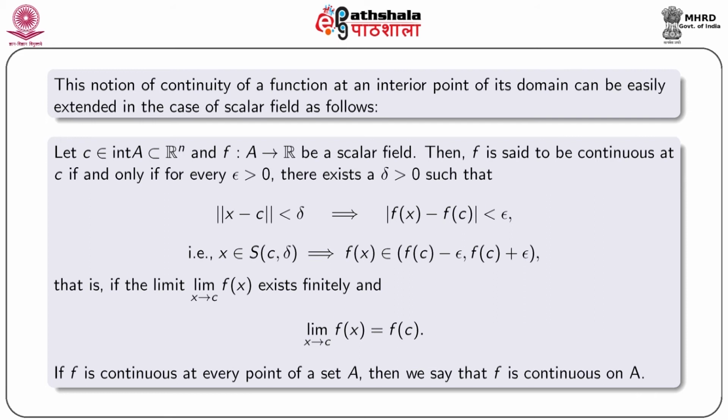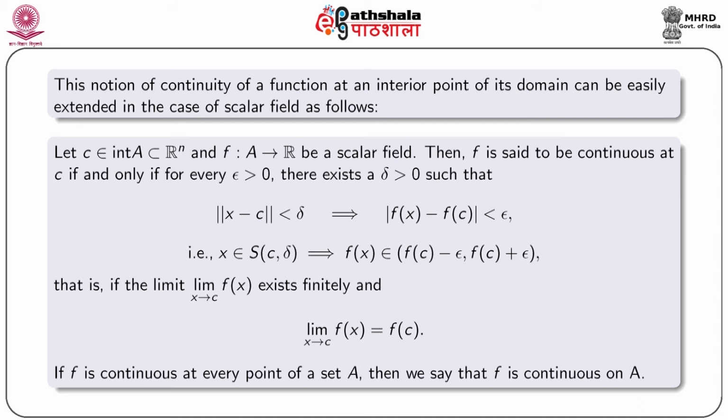Let C be an interior point of a set A where A is a subset of Rn and f is a scalar field defined on the set A. Then f is said to be continuous at the point C if and only if for every epsilon positive we can find a delta such that if norm of x minus c is less than delta, we have mod of f(x) minus f(c) less than epsilon.